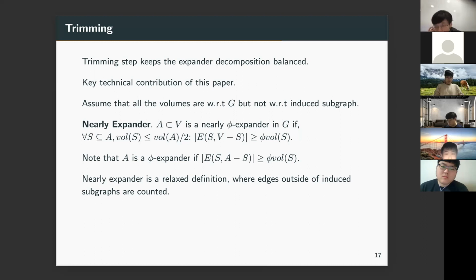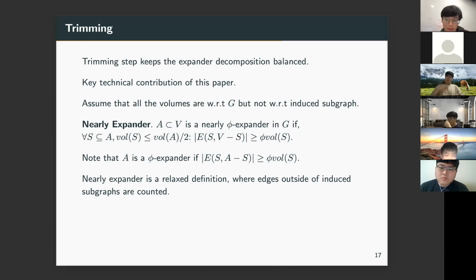The usual definition of the conductance of a cut is self-contained, so it doesn't care about the global edges getting outside of it.